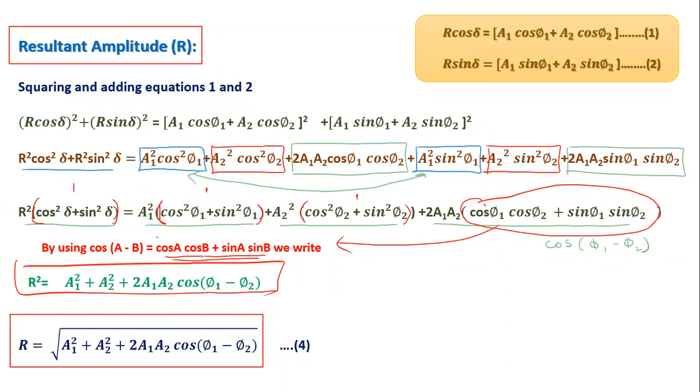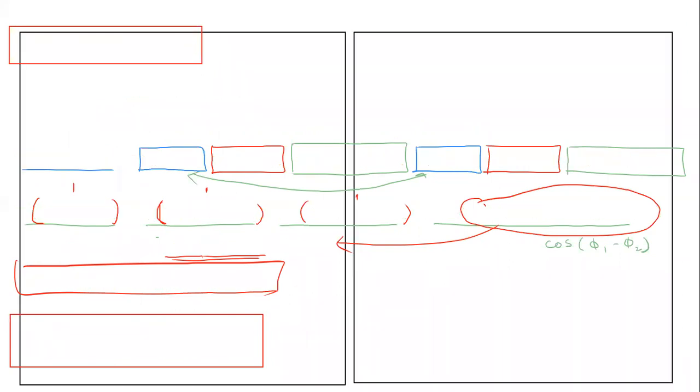In any of the question, the resultant phase, which we can represent by a symbol delta. Now here again the same equation we have to use, equation 1 and equation 2. Let me do the mathematical operation, dividing equation 2 by equation 1.